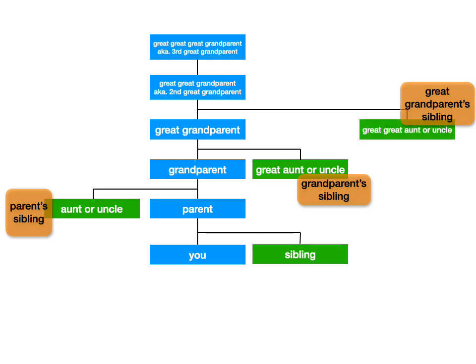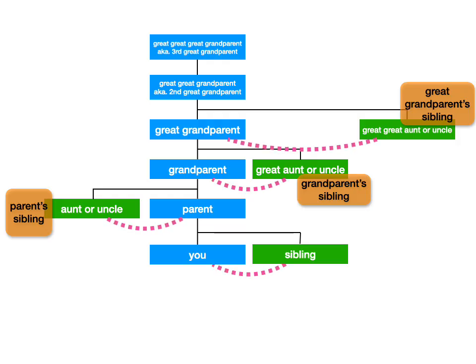But for whatever reason, we don't really say grand-aunt or grand-uncle. We just say great-aunt or great-uncle. So we have to reckon that there's going to be one more instance of the word great in a great-great-aunt or great-great-uncle's term than there is in the great-grandparent's equivalent term. So that's just something to be wary of.